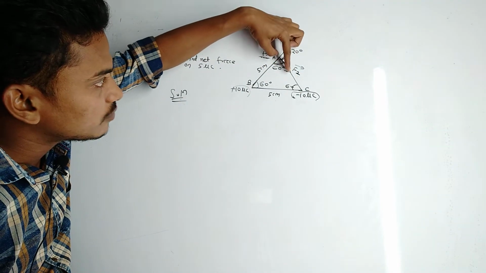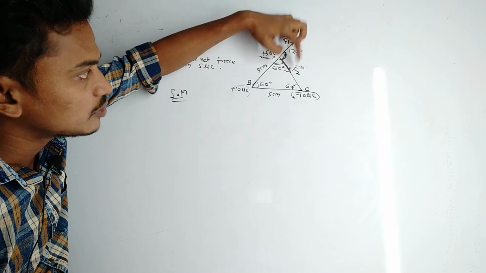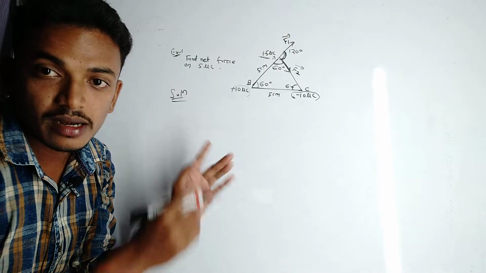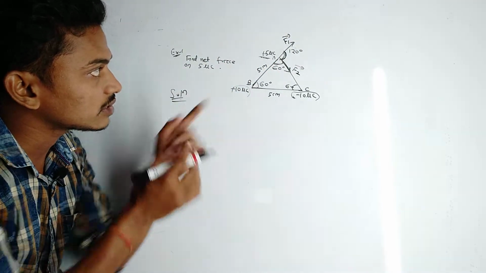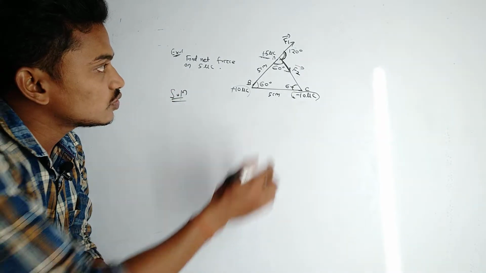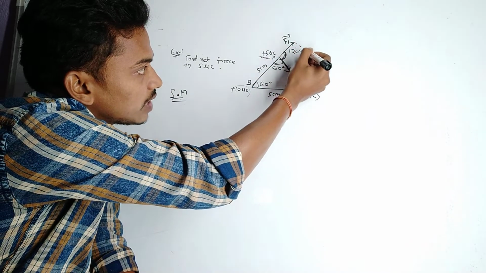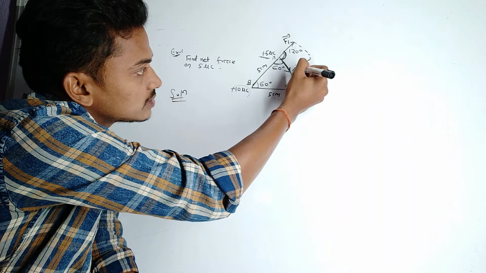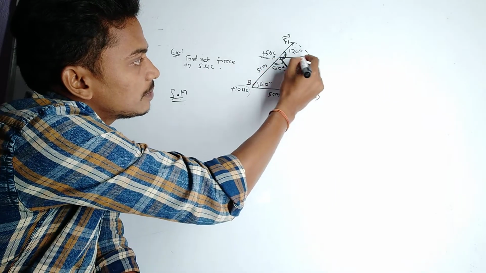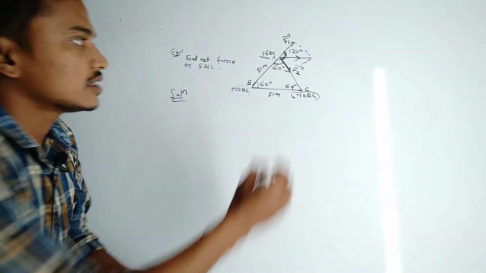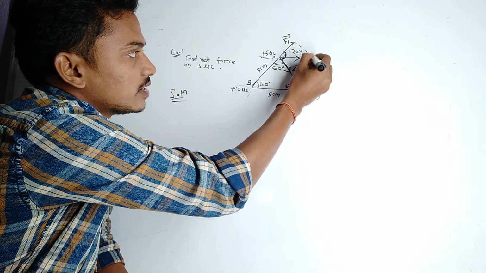F1 vector and F2 vector are joined tail to tail, so here we can use the parallelogram law of vector addition. The resultant will be the diagonal like this. This will be the F net.